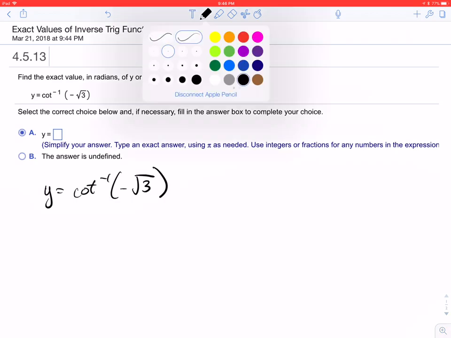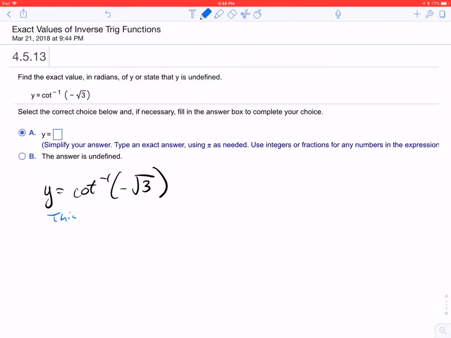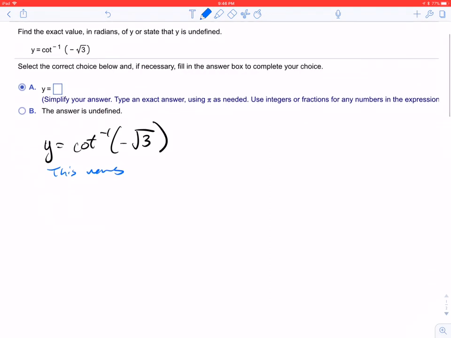So what does this mean? In class we said that this means cotan of y equals negative square root of 3, right? So then what is cotan? Cotan is a reciprocal of tan, right?